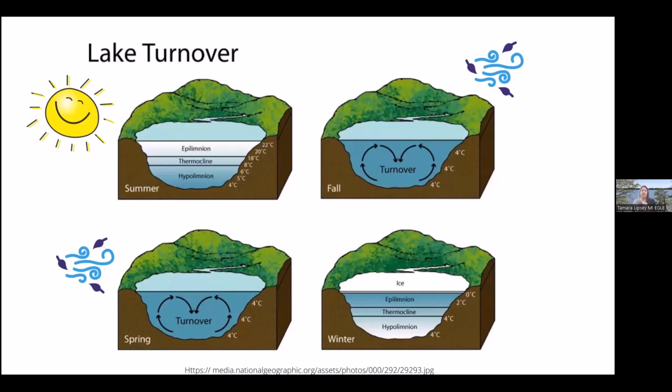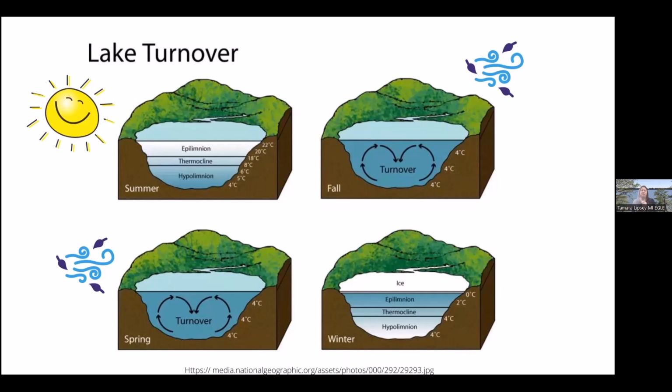And then the winds that come up in the fall mix with the air and add to this cooling effect, along with not having as much sunlight in the fall. So then that cold water begins to sink, and it pushes all the warm water that's below up to the surface. And this process is called lake turnover.